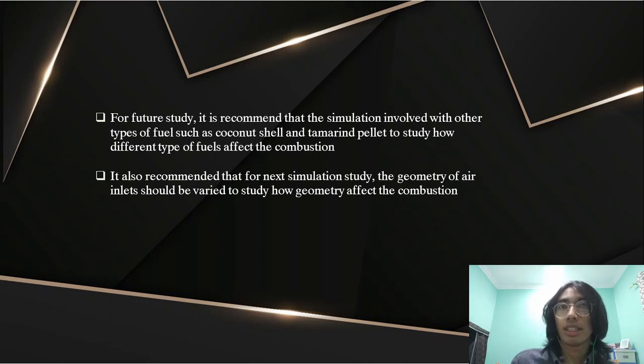It is also recommended that for the next study, the geometry of the air inlet should be varied to study how geometry affects the combustion. In this study, the geometry of the air inlets and the fuel inlet were fixed, so I only focused on the manipulated variables of the fuel inlet and the air inlet velocity values only.